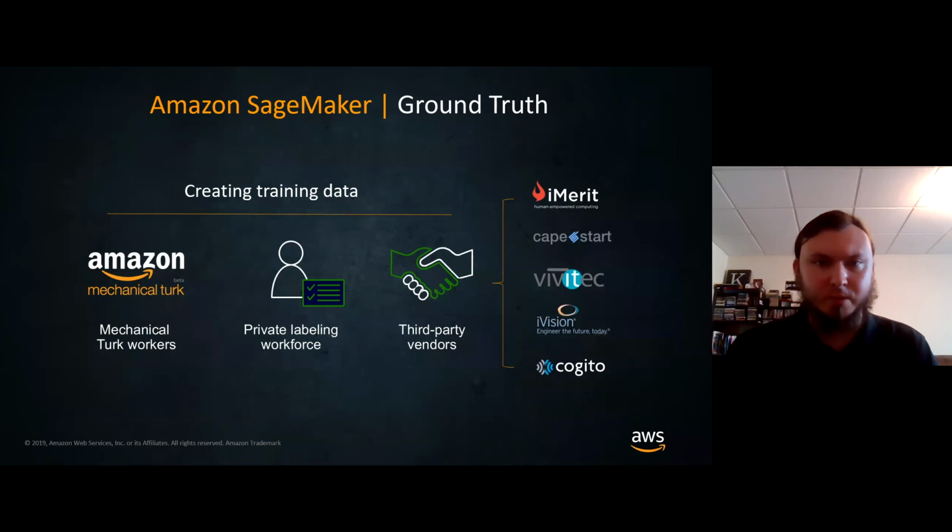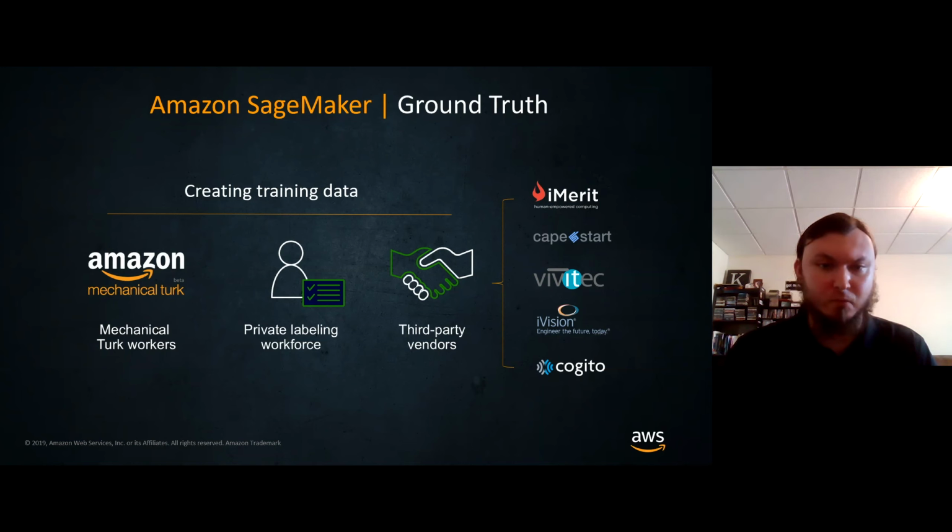So in terms of the human component of Ground Truth, there's really three core options. You have Mechanical Turk, which essentially is a marketplace for workers that you can hire to do the human labeling component of Ground Truth, and you pay for this by the number of records that need to be labeled.